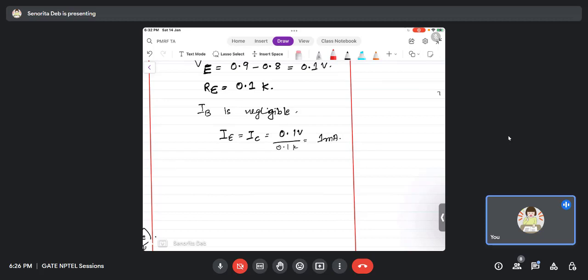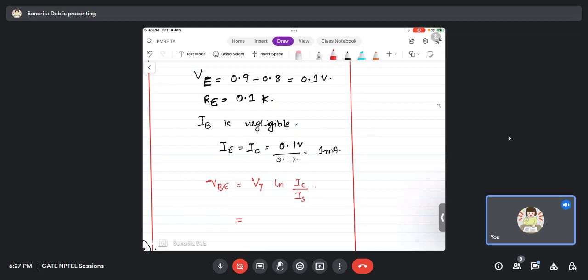You understand? It might not actually be 0, because if you divide by beta, whatever comes is the actual IB. But that IB, which is IC by beta, is very less than the main current. Therefore we take it to be 0, and therefore the dissipation across it will be neglected. Okay. So now when you get IC as 1 milliampere, we check the assumption of VBE, right? So VBE is VT natural log IC by IS. Please put in the value. Tell me what VBE you are getting.